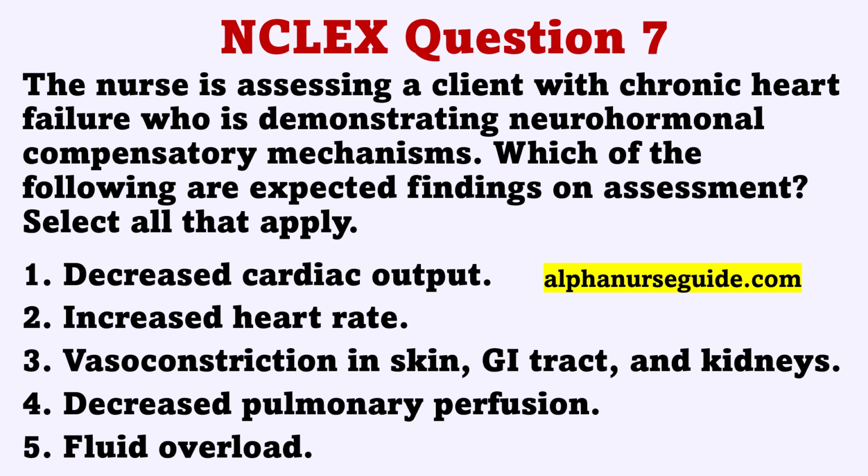This early response increases the heart rate and contractility. It also has some negative effects, including vasoconstriction of the skin, GI tract, and kidneys. Decreased renal perfusion due to low CO and vasoconstriction activates the renin-angiotensin-aldosterone process, resulting in the release of antidiuretic hormone.